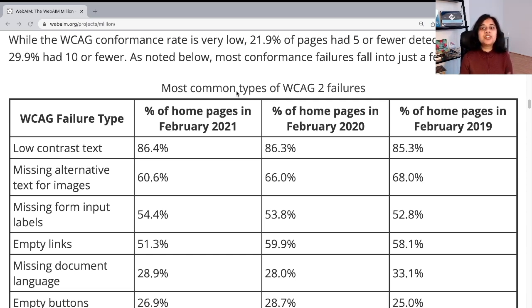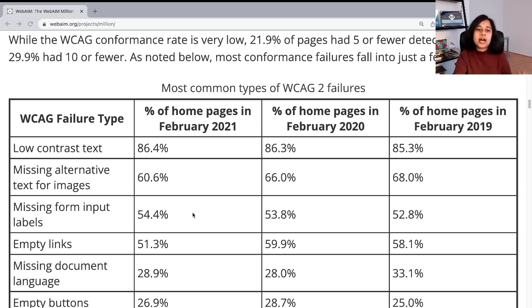Okay, so let's see some of the common types of WCAG 2 failures. WCAG means Web Content Accessibility Guidelines. These are a set of official guidelines for web accessibility, and they are published by the World Wide Web Consortium. This shows a list of the most common accessibility failures, and it is only targeted at home pages for 2021, 2020 and 2019.